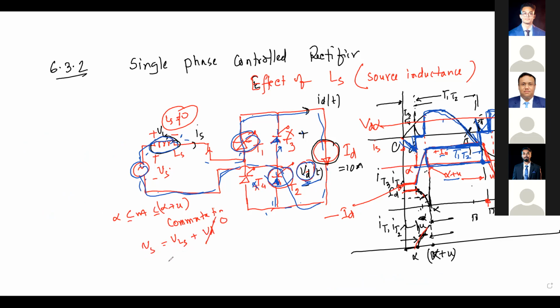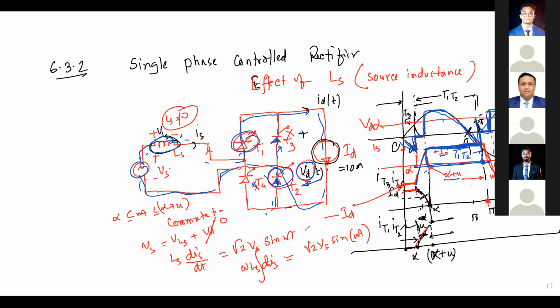So VLS equal to LS dIS by dt and VS equal to root 2 VS sine of omega t. Right? Am I correct, sir? Then multiply both sides by omega. Then dIS, that will be your root 2 VS. You can take that omega inside.